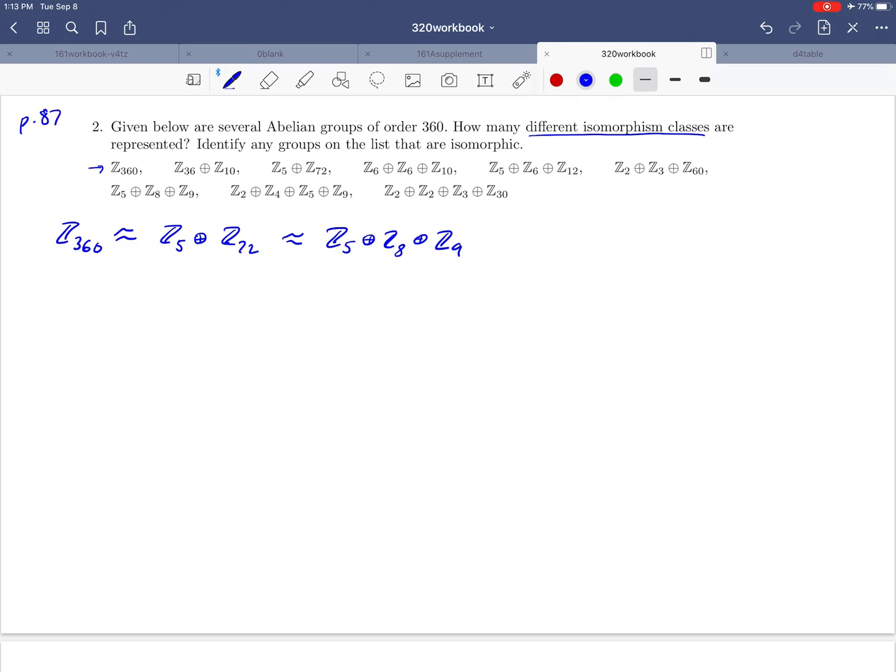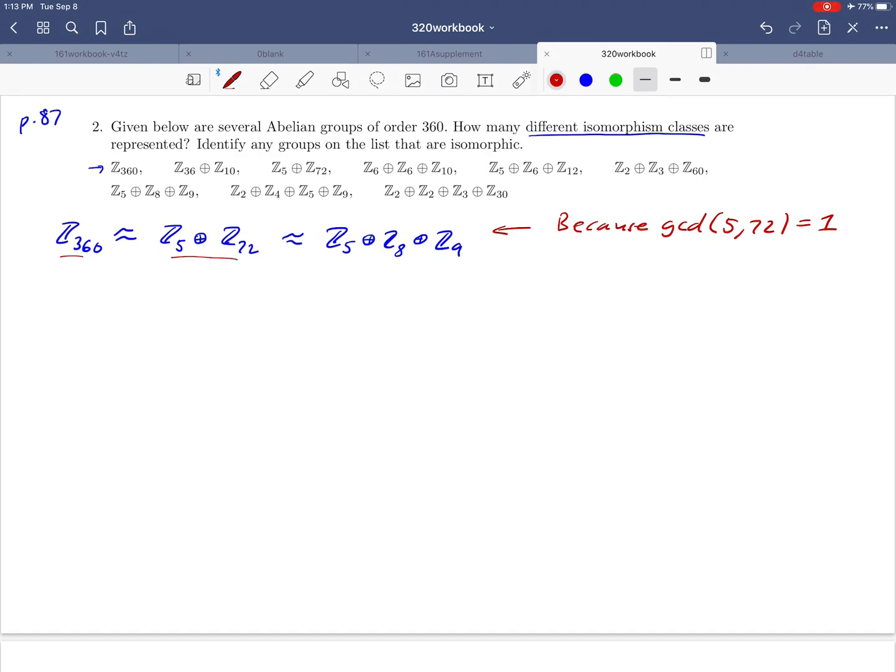Well, this really comes back to theorems that were talked about earlier in the course. The first two groups on the list are isomorphic because the GCD of 5 and 72 is 1. They're relatively prime to each other. We have a theorem that says that when that's the case, together with the fact that 5 times 72 is 360, Z360 is isomorphic to Z5 plus Z72.